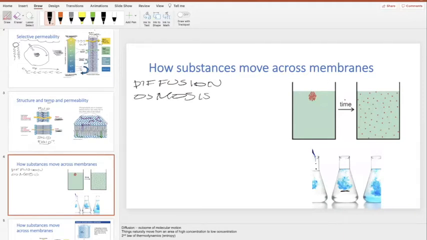Okay, so let's start with diffusion. In this case, we don't have any membranes in this scenario. All we have is a beaker, okay, and some dye. Let's just think of this as a drop of dye.